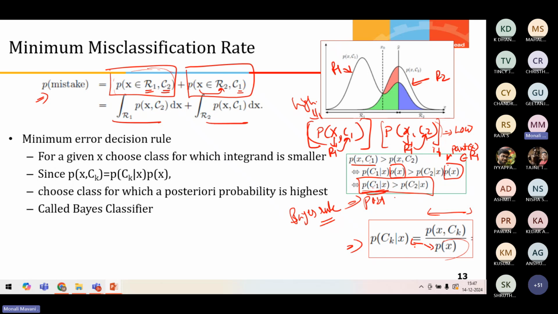So why are we making that prediction? Whichever class probability is higher, we assign that class to that data point. That rests on the minimum misclassification rate or decision theory. That's the basis of classification in any classification algorithm: when we compare the probabilities, whichever class probability is higher, we assign the target label to that class, whether it's C1 or C2.